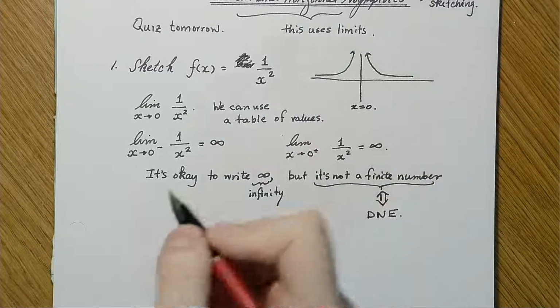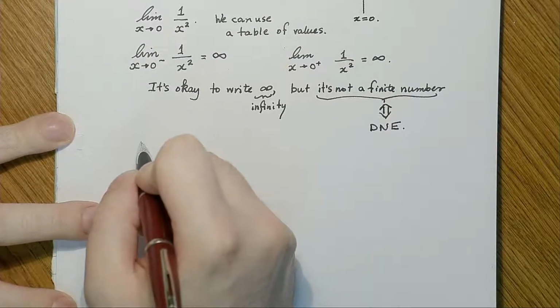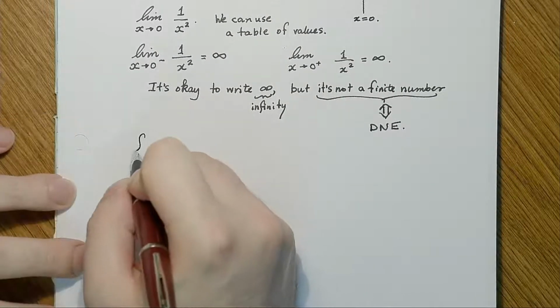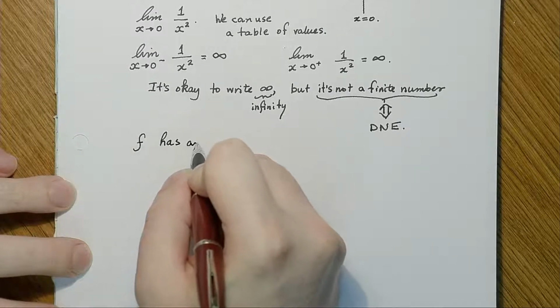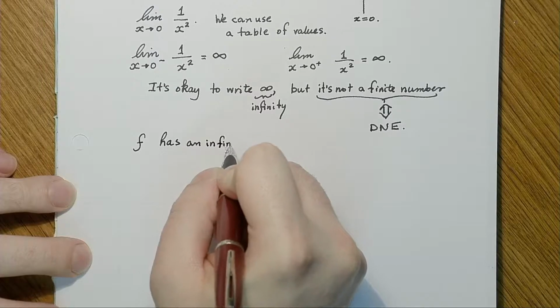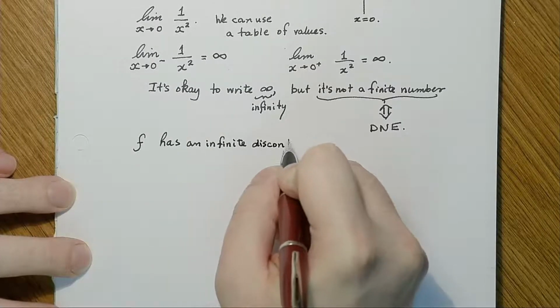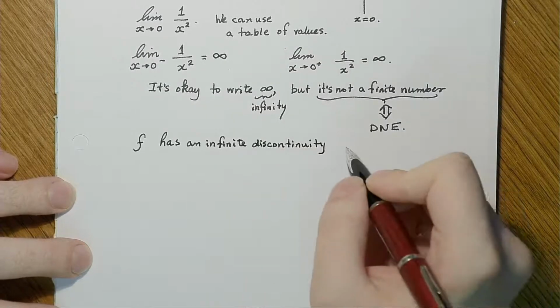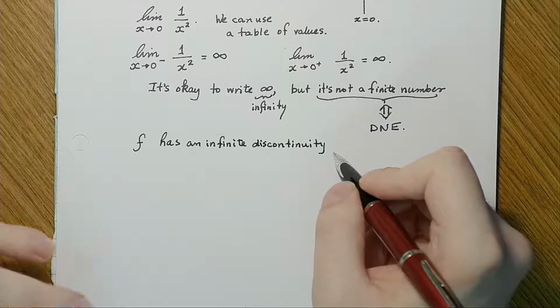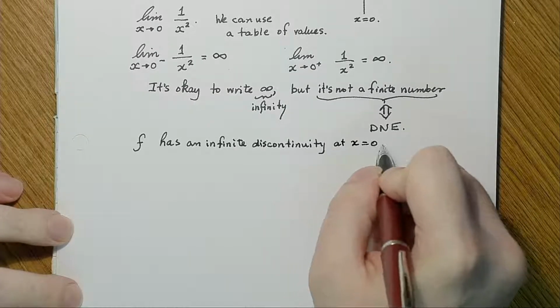So I'll make a note here: the function f has an infinite discontinuity. Again, it's not defined at x equals 0. So f has an infinite discontinuity at x equals 0.